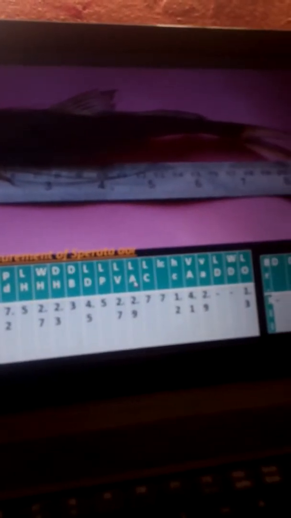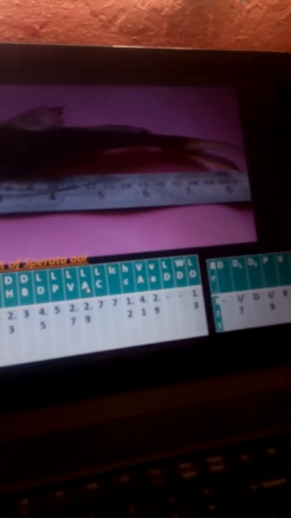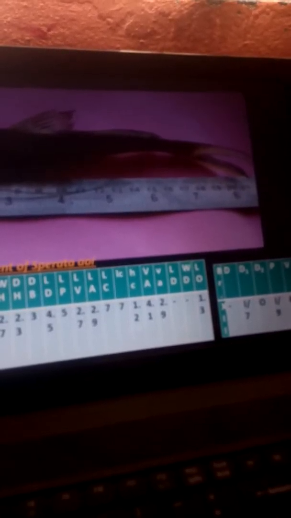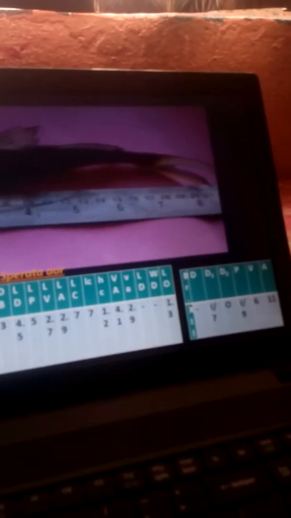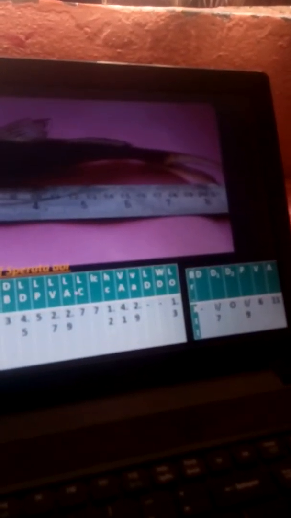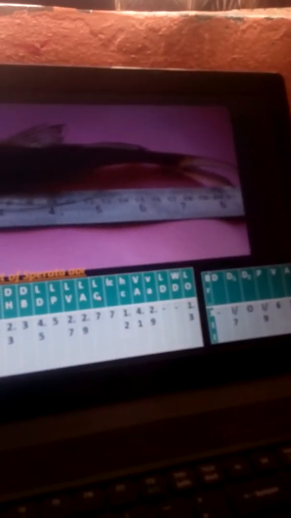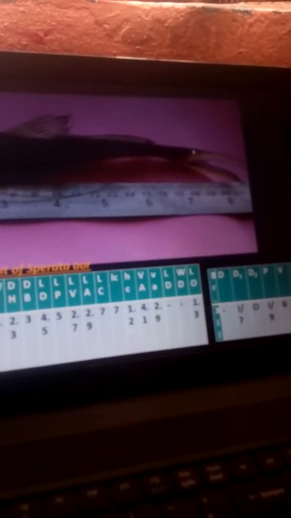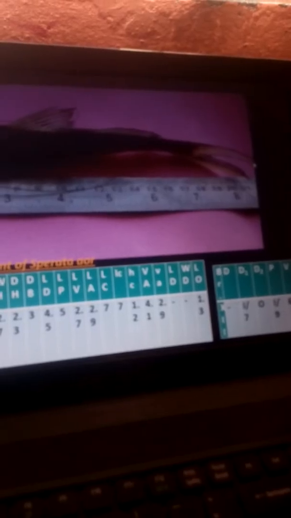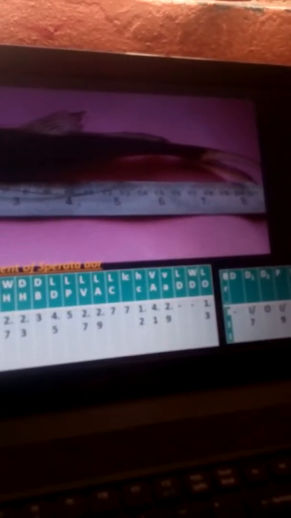Likewise, we have length of anal fin. It's also the same. From the base of the anal fin up to the tip of the anal fin is called the length of the anal fin. We have length of the caudal fin, means from the base of the caudal fin to the tip of the caudal fin.